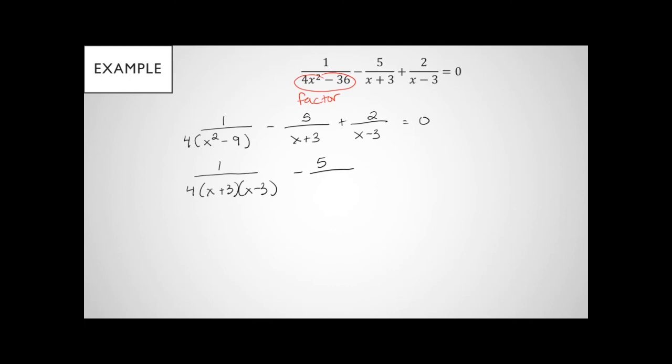5 times x plus 3 plus 2 times x minus 3 equal to 0. So I've got an x plus 3, x plus 3. Got an x minus 3 and x minus 3 there. And I also have this 4 that's part of the denominator.